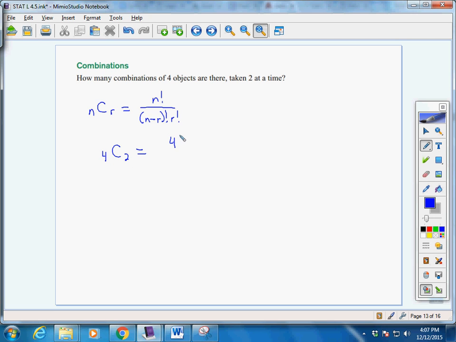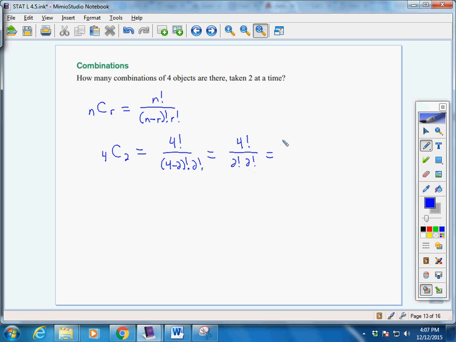So I'm going to go 4 factorial over 4 minus 2 factorial times 2 factorial. You can probably just use the button on your calculator, but just so we have an understanding of what's going on here, remember, 4 factorial means 4 times 3 times 2 times 1. Let me simplify it. 4 minus 2 is just 2 factorial times 2 factorial.